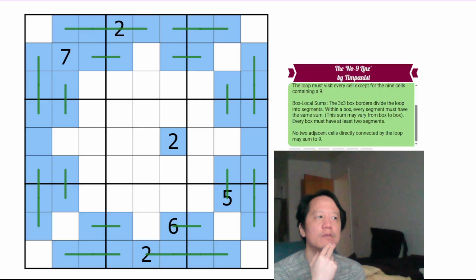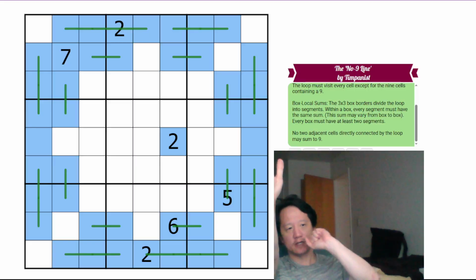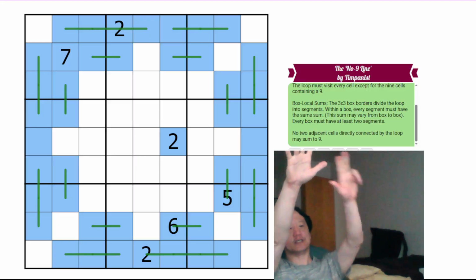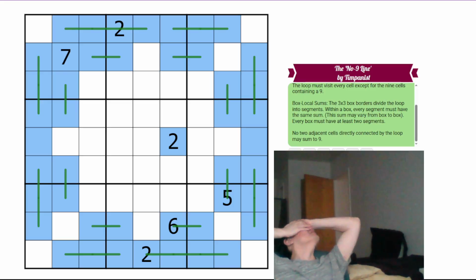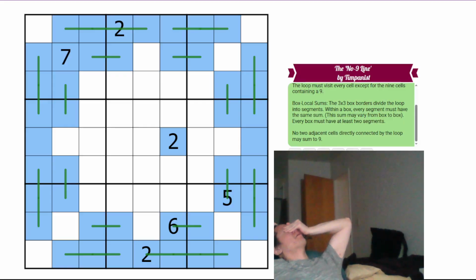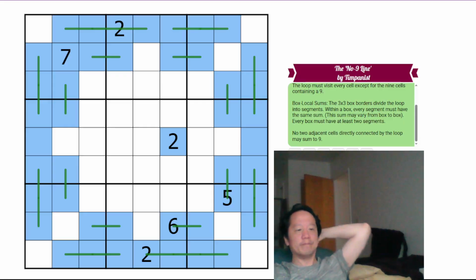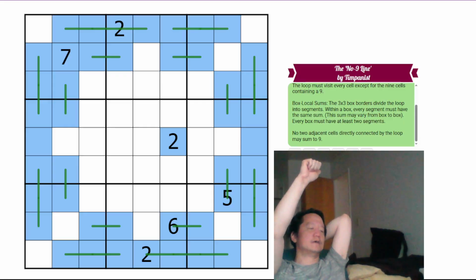Okay. So we are guaranteed 5 digits in one set and 3 digits in the corner set. So it's always going to be 5 and 3. To add up to 18, without a 9, the minimum digit you can have is 3.